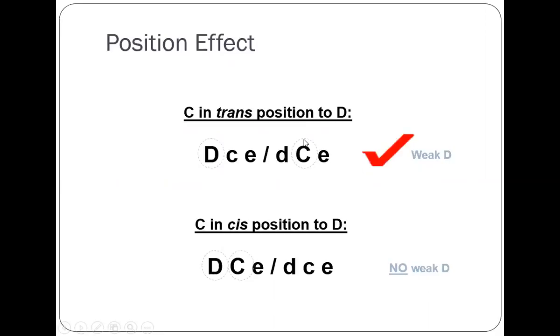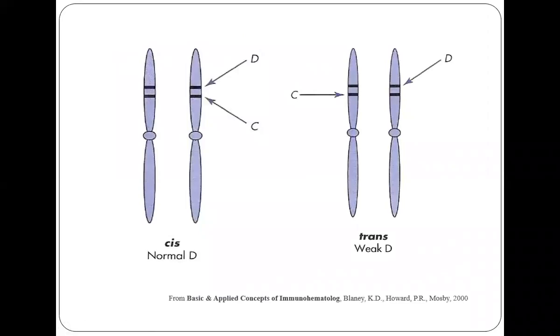You could even draw a chromosome right now, and you would see that they're on opposite chromosomes, so they're in a trans position, and this causes steric hindrance. Whereas over here, it's in a cis position because on one chromosome, you would have them both inherited. So you would not have a weakened expression. And here's actually the nice picture that I wanted you to draw. So we have our cis, and then we have our trans.